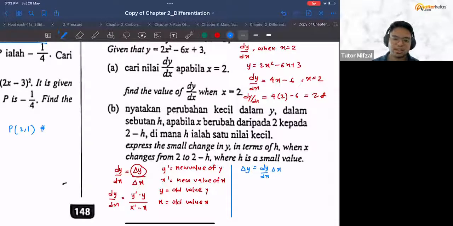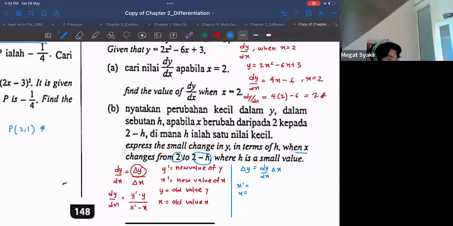This is a trick. There's a trick to do the dy over dx. Look here, it says x changes from 2 to 2 minus h. What is the old value and what is the new value? Is x prime 2 or 2 minus h?